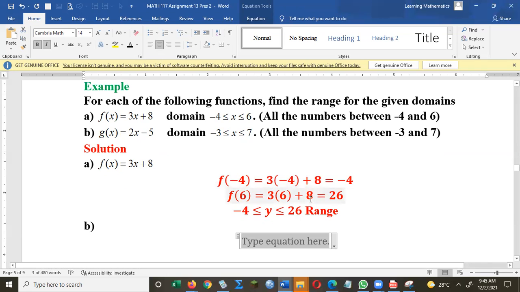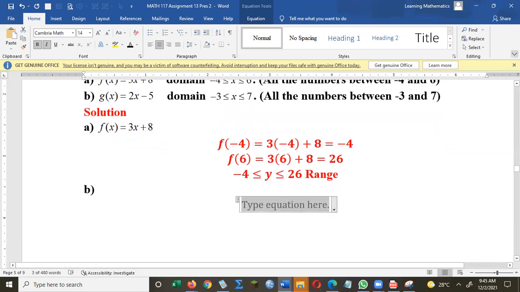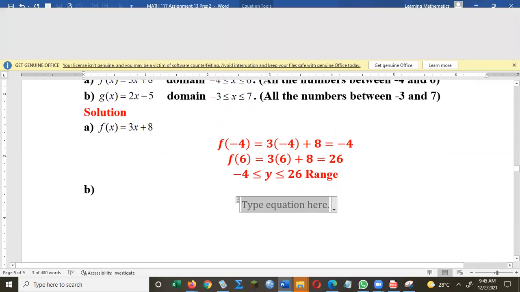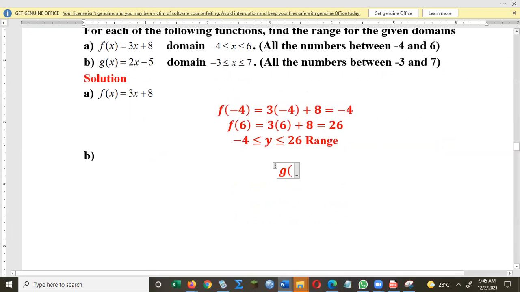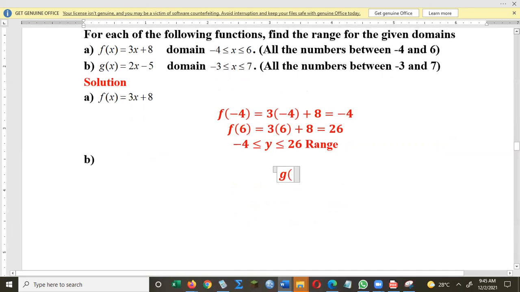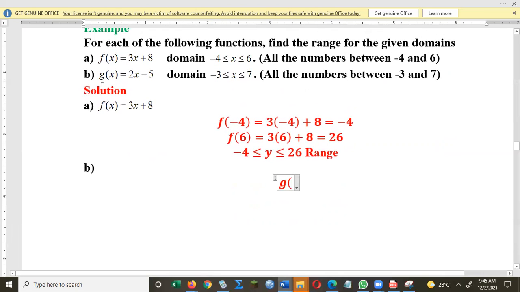I'm not going to repeat that very same process, but for B we have to find what is G. G of what number? G is actually 2x minus 5, so it's G we have to use.